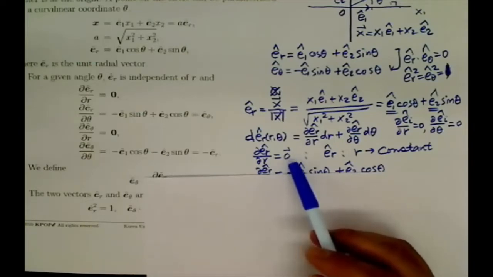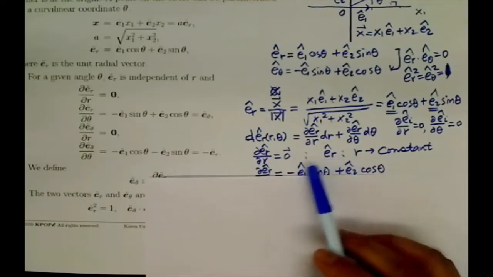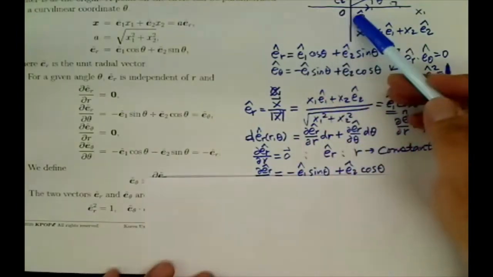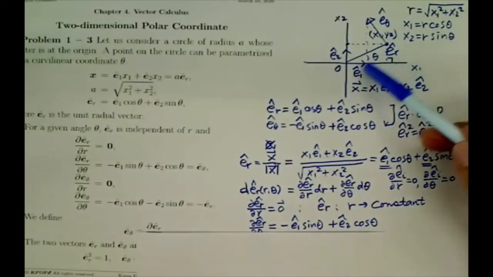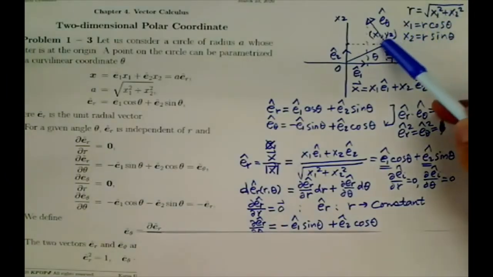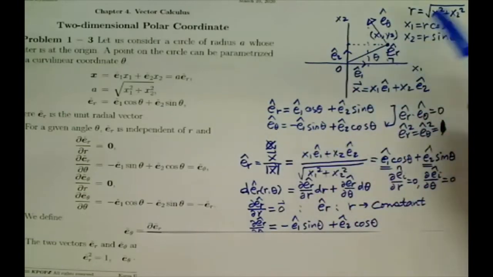That means er, the magnitude is absolutely 1, but the direction does not change at all if I shift r. The radial vector displayed here does not change direction if I follow the r direction.